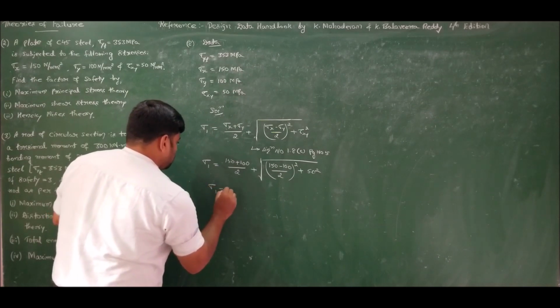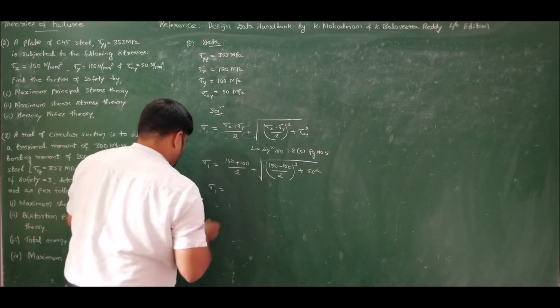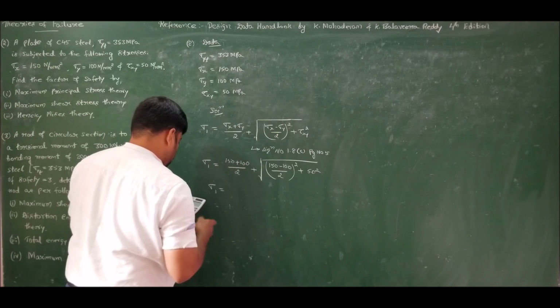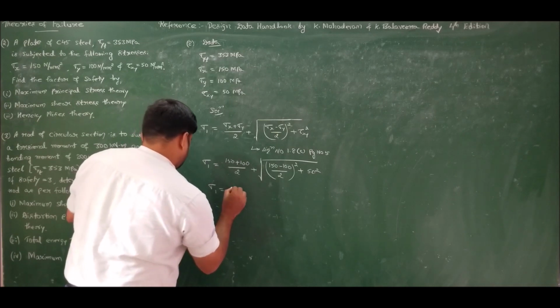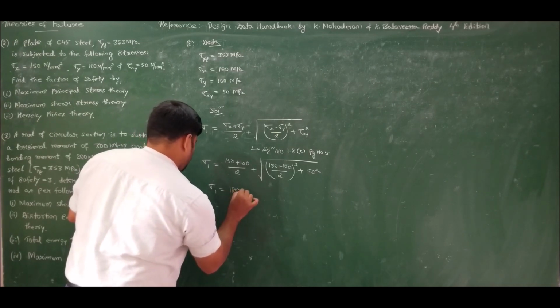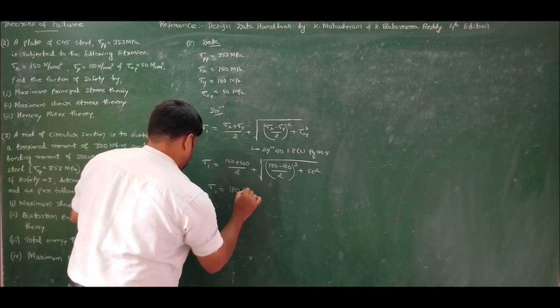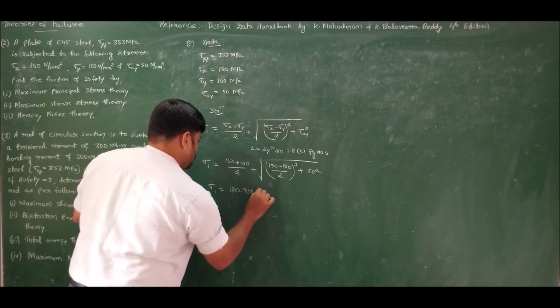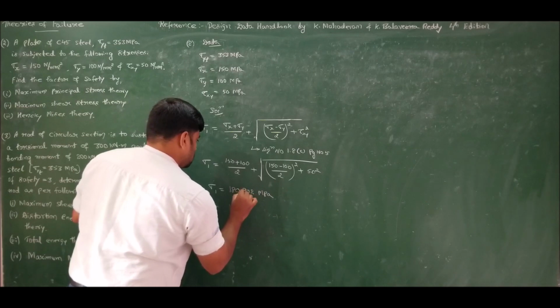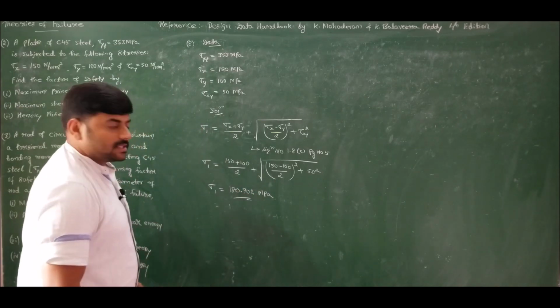If I substitute and solve, the maximum principal stress sigma 1 turns out to be 180.902 megapascals. So this is the value of maximum principal stress.